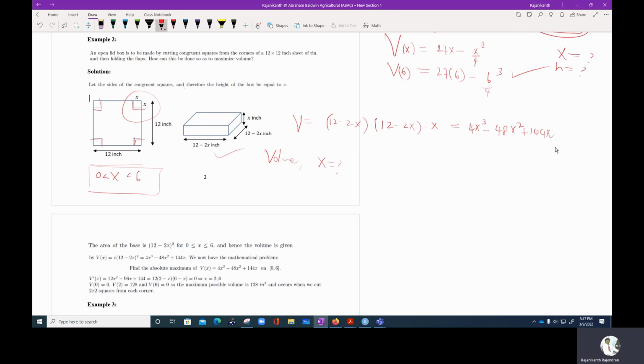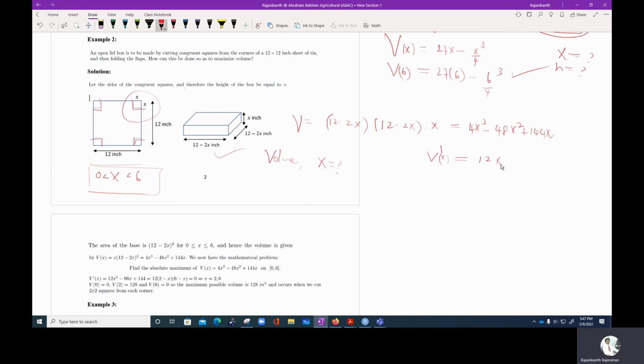Now this is the volume function. Again, you have to find the critical points, the points where the function gets max. Those are the possible x values we need, right? So find the first derivative of the function.